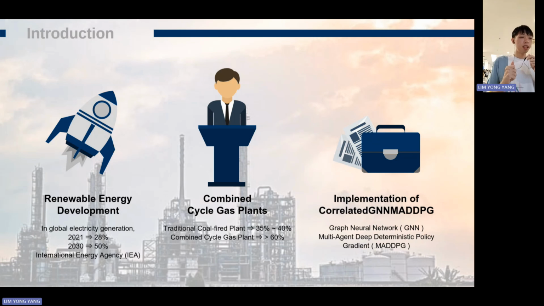They have a power production efficiency of more than 60%, which is better than the traditional coal-fired plant, at around 35% to 40%. So here we implement the correlated GNN MADDPG, which is an integrated application of multi-agent deep deterministic policy gradient and also the graph neural network.